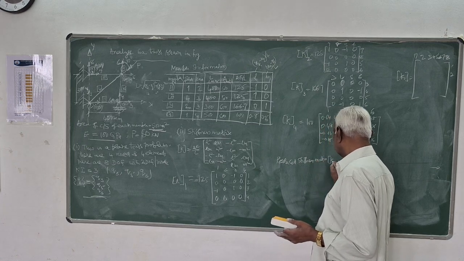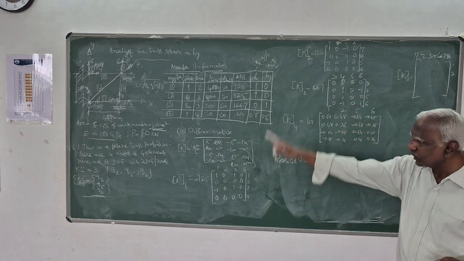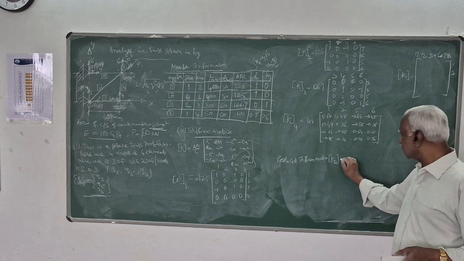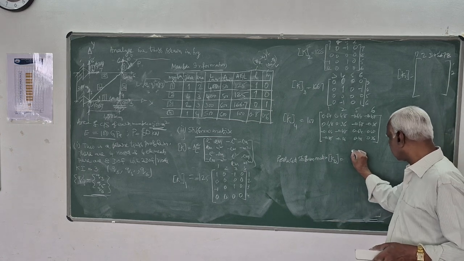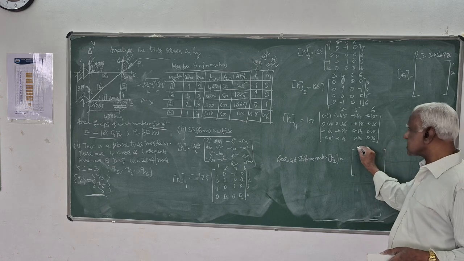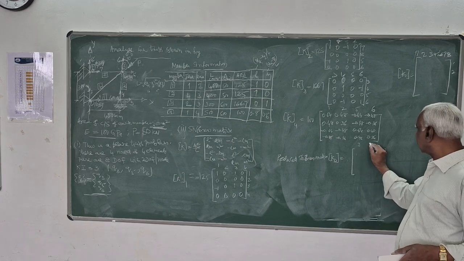That we call KD, the stiffness matrix corresponding to unknown displacements. You have to find it corresponding to these 3, 5, 6.